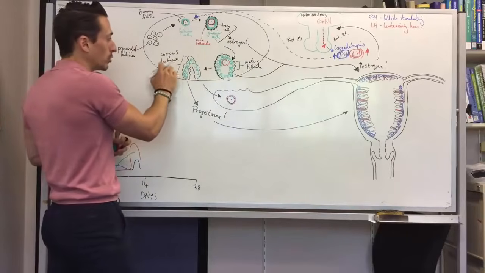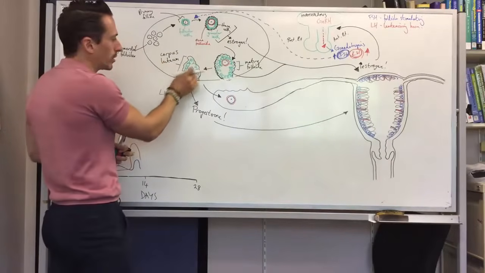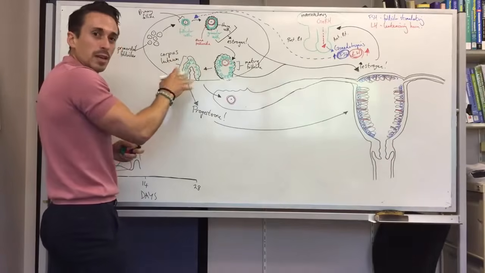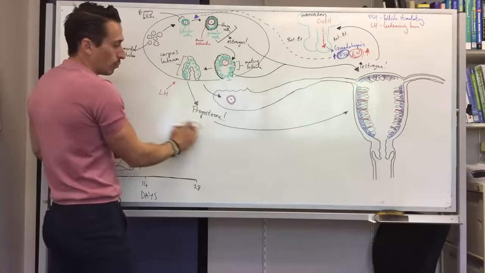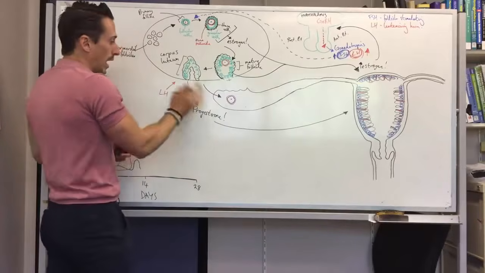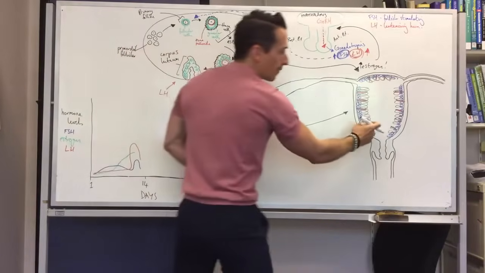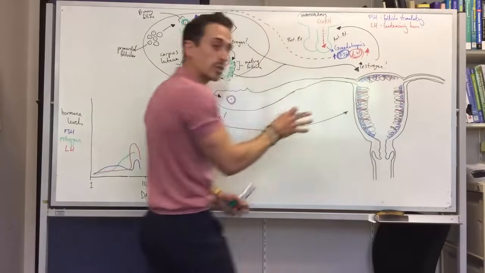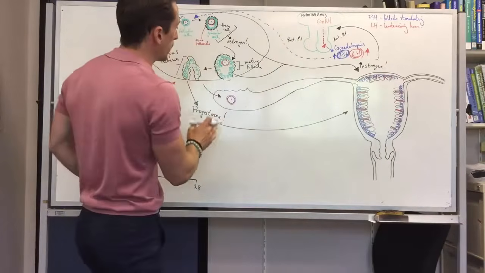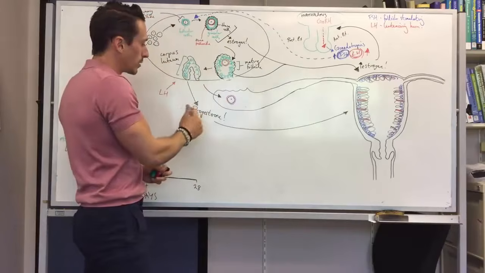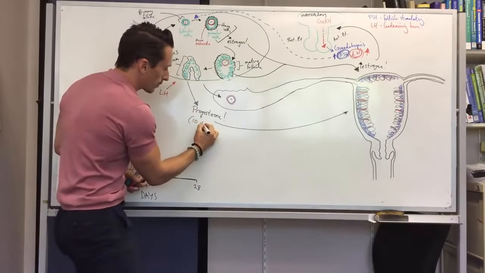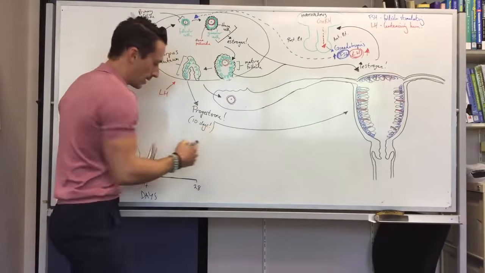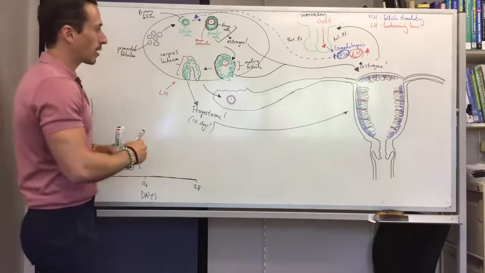The luteum body means yellow body, because this yellow stuff is fat and cholesterol and produces progesterone. As this progesterone is released, it further thickens up the endometrium, makes it highly vascularized, saying, okay, baby's coming, baby's coming. It will continue to do this for about 10 days.